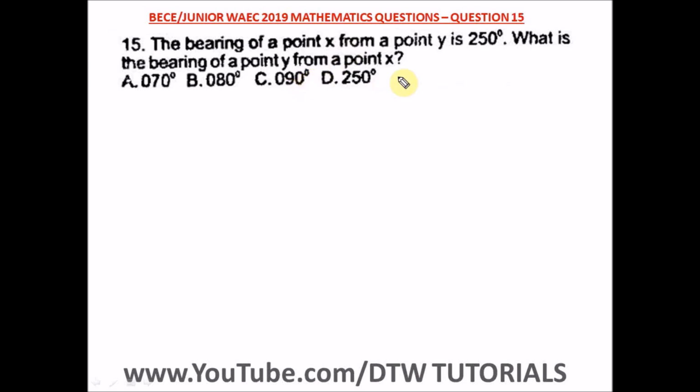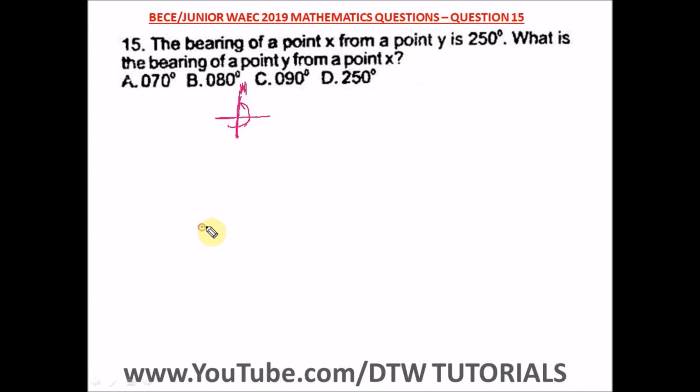In the 3-digit bearing, you start from our true north and go clockwise. You take your angle clockwise. It goes clockwise when you're using the 3-digit bearing. So from our north, we go clockwise. Now it says the bearing of a point X from a point Y.